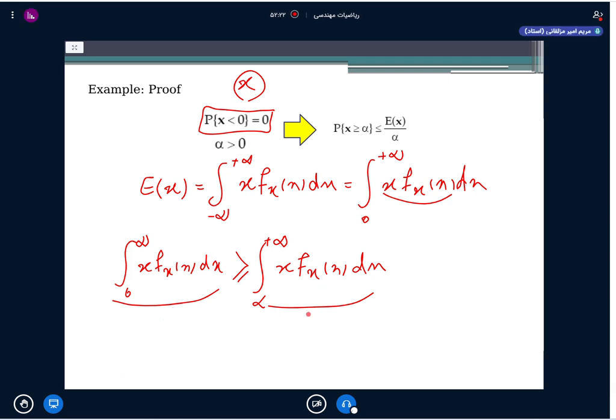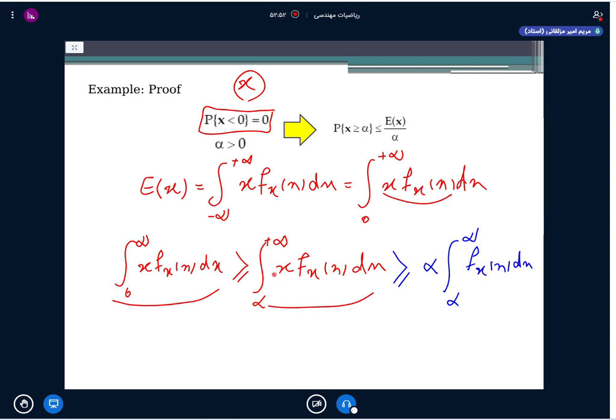So we have this inequality. Now, for this interval, x is larger than alpha, so this integral is larger than or equal to this value. We know that f(x) is positive and x is positive in this integral between alpha and positive infinity.